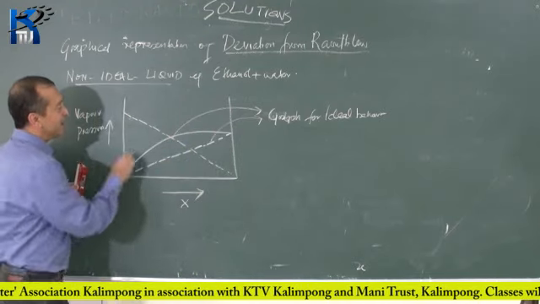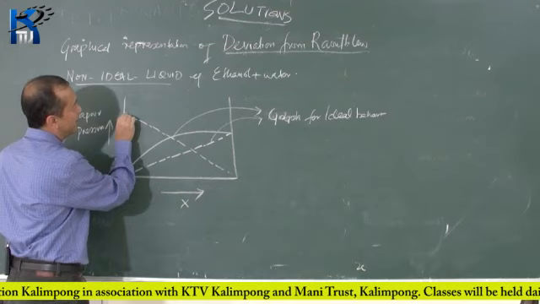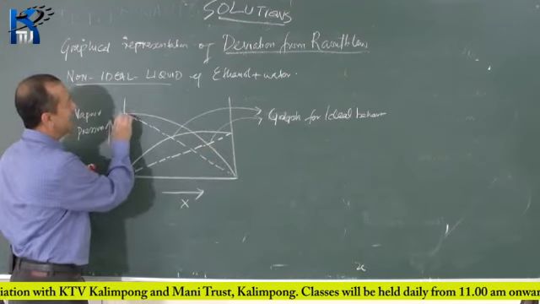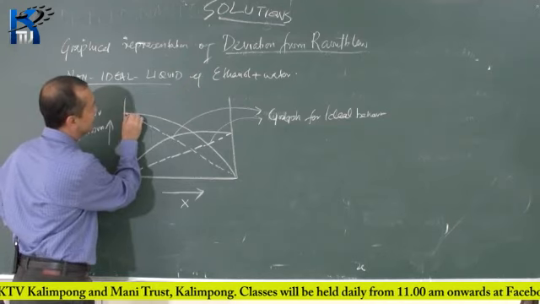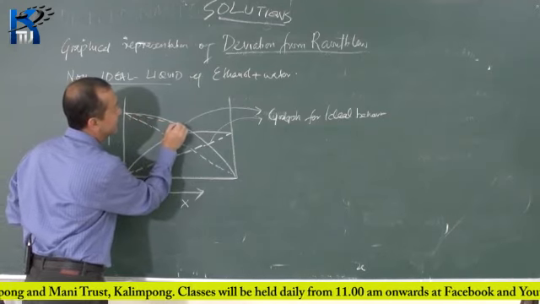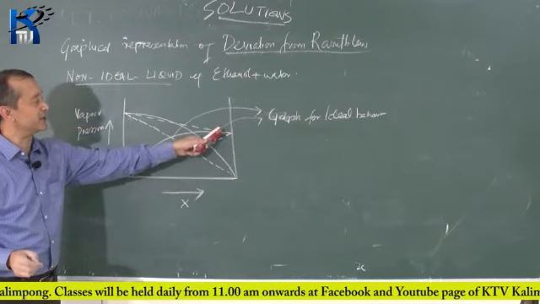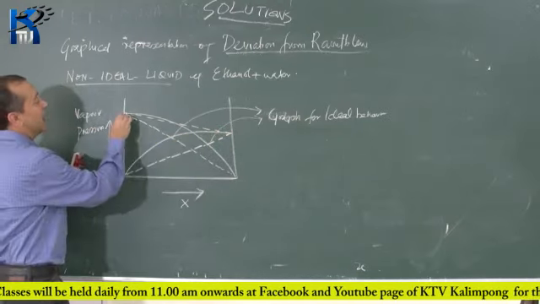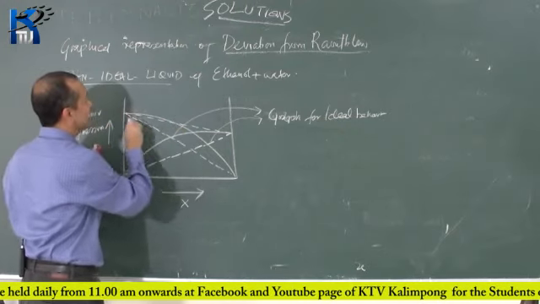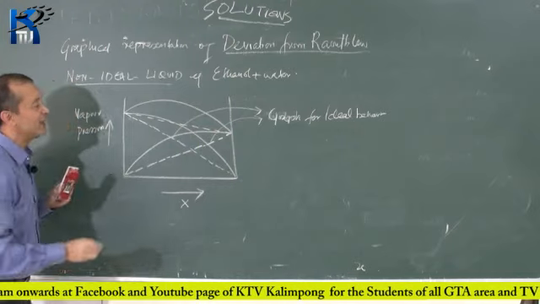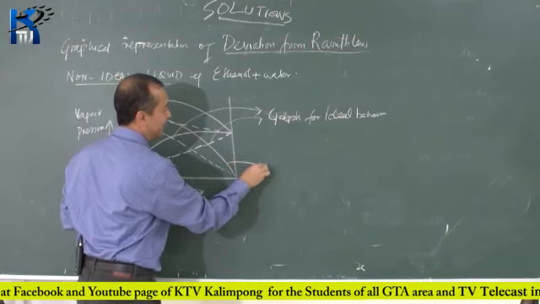In the same way, the graph for the next component will bulge outwards like this. The total pressure graph would be a straight line if it behaved ideally, but in our case, since it does not behave ideally, the total pressure graph will also bulge outwards like this.